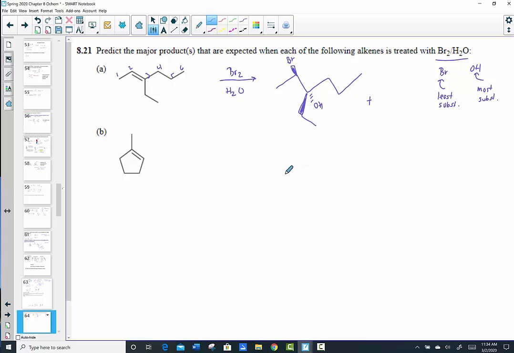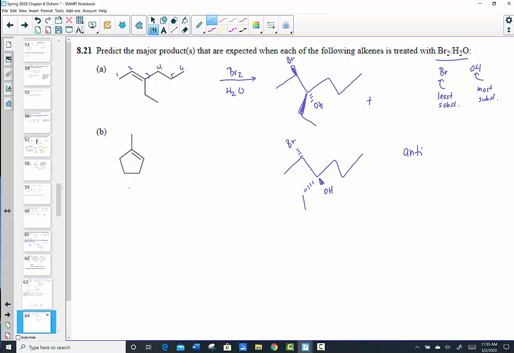And 1, 2, 3, 4, 5, 6. Bromine could add to the least substituted carbon as a dash, meaning the ethyl group would need to be the dash, so hydroxyl is the wedge. There's your anti-addition.